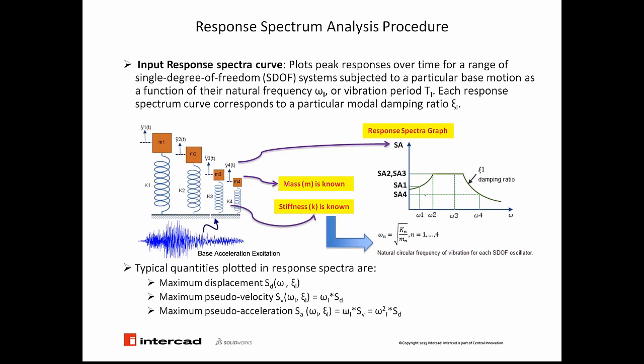But one thing for sure, the input of response spectrum analysis, which is a graph, comes from test data. This is physical test data, and at different frequencies, we get the response of the actual component.